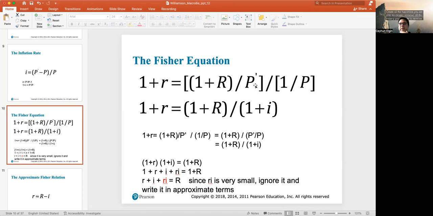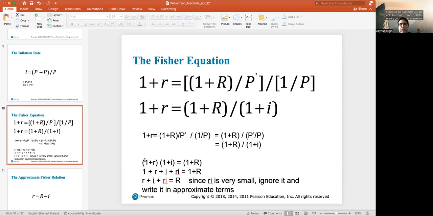In the denominator of the numerator we have P prime, in the denominator of the denominator we have P. So in the denominator we have P prime over P, or in the denominator we have 1 plus I, and in the numerator we have 1 plus capital R. Therefore, this equation translates to 1 plus lowercase r equal to 1 plus capital R divided by 1 plus I.